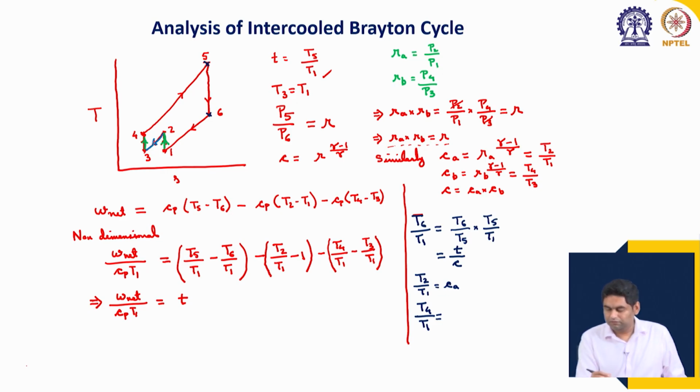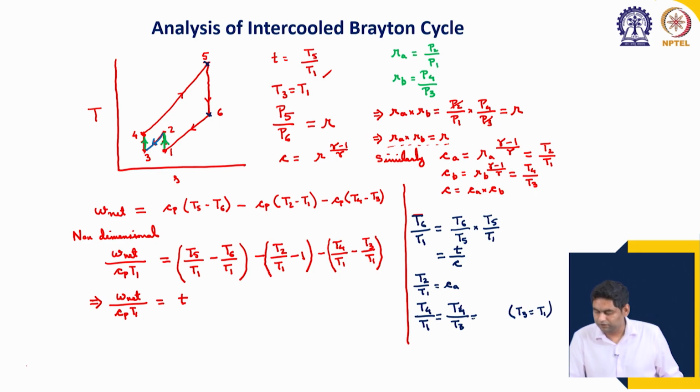Because T1 is equal to T3, T4 by T1 equals T4 by T3, and we know that T4 by T3 is equal to Cb. So, we get this ratio as Cb, and then finally, T3 by T1 which should be equal to 1. So, we are going to replace all these values here.